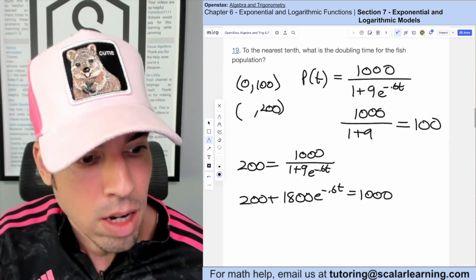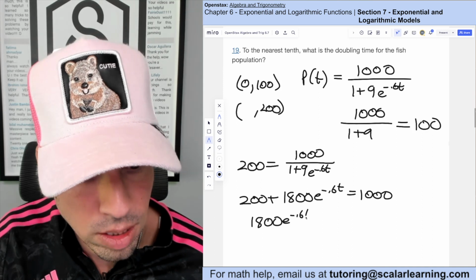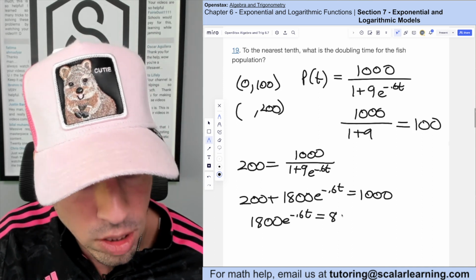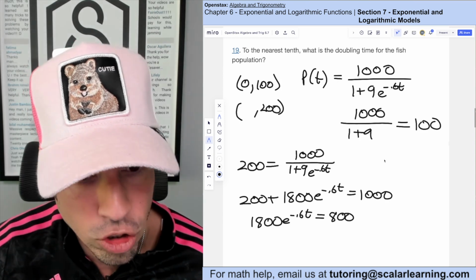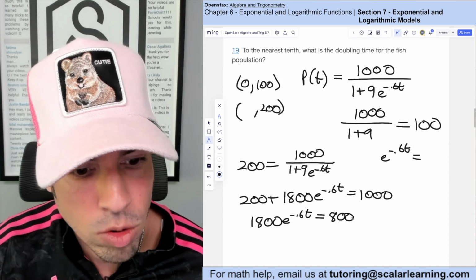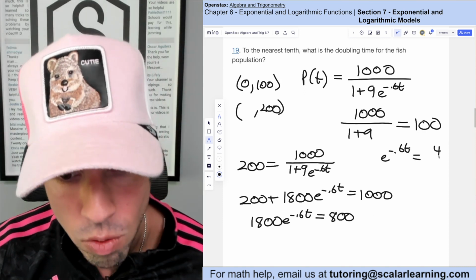Now I'm going to subtract 200, and I get 1,800 e to the negative 0.6t equals 1,000 minus 200, which is 800. Then we divide by 1,800, and I get e to the negative 0.6t equals 800 over 1,800, which is 8 over 18, which is 4 over 9.